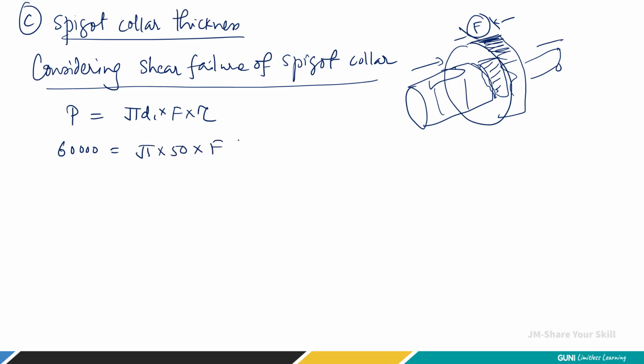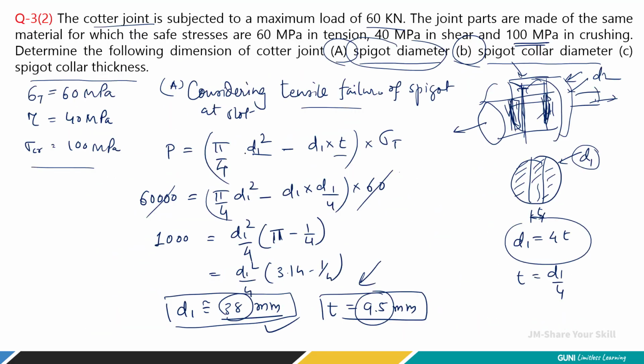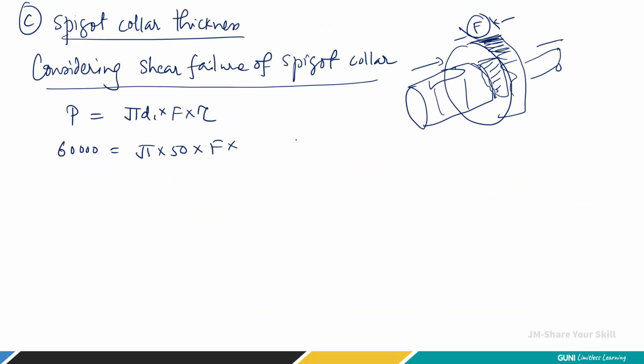We want to find out the collar thickness here, and the shear stress given in the numerical is 40. So let's find the collar thickness. Approximately it is 10 millimeter. So students, try to solve this numerical on your own and compare your answer with the video's answer. See you in the next video.